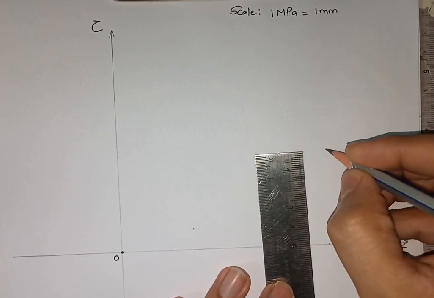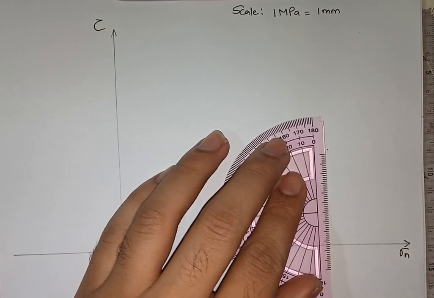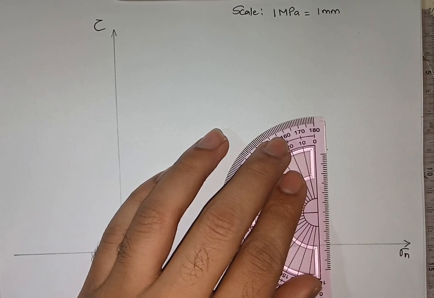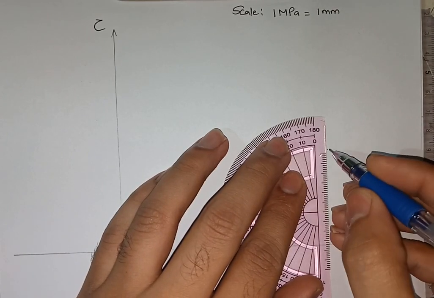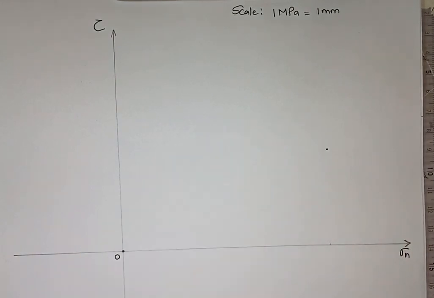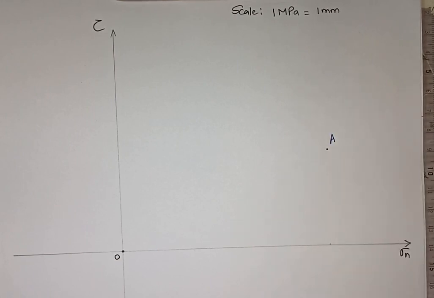Okay, so I have marked a point. Let me mark it correctly, because if I go wrong, the entire problem will be wrong. Let me check whether it is in line with this. Yes, so this is the point which is required. I call it point A or plane A.